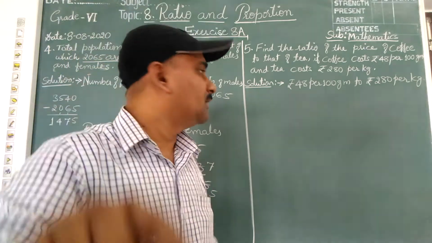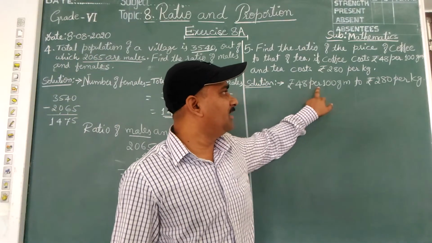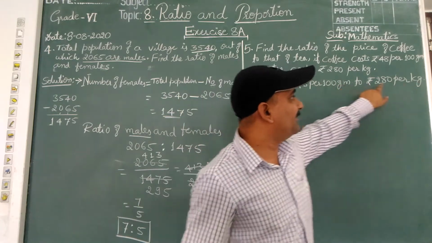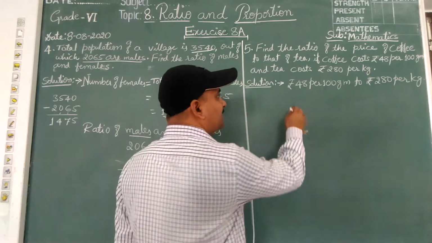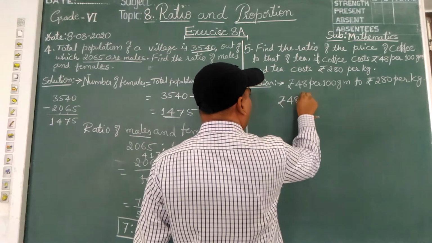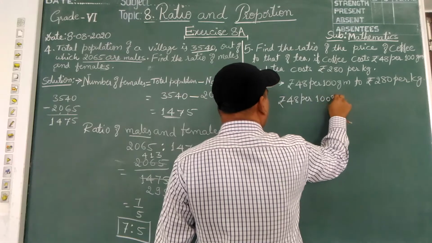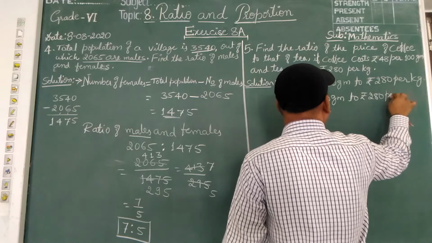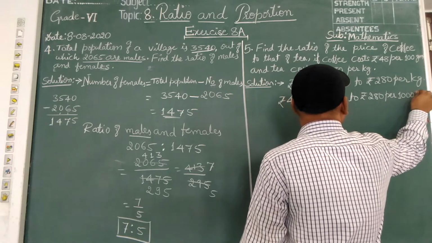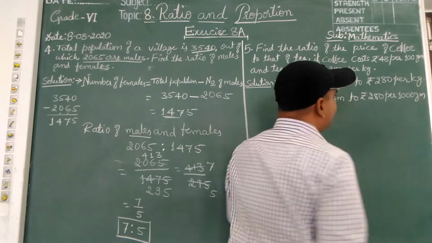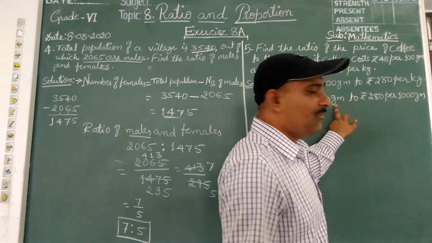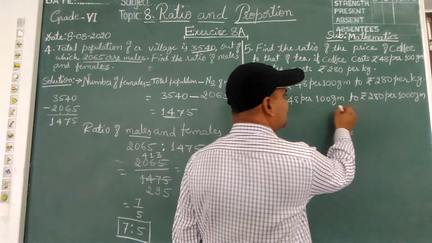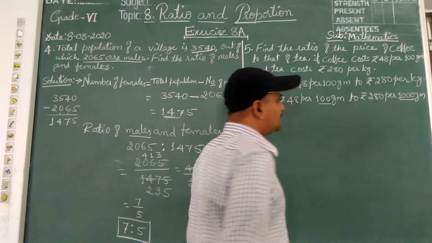Okay, children. This is rupees 48 per 100 gram, rupees 280 per kg. Gram and kg are different units. Make them same units. Kg means 1000 gram. Of course, now they are in the same units. But one more problem here is this is 100 gram, this is per 1000 gram.